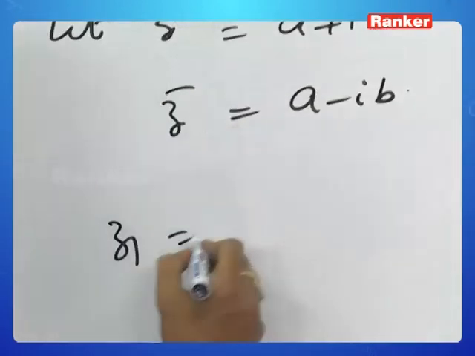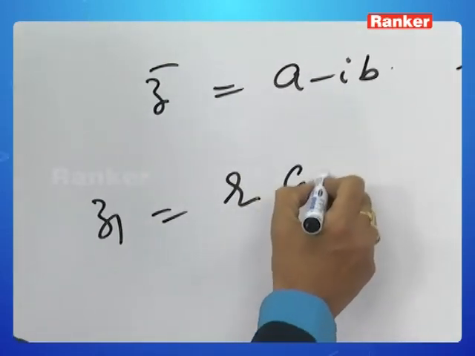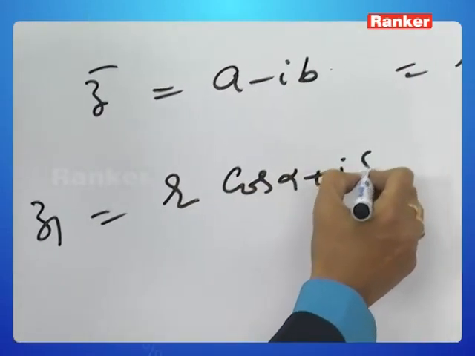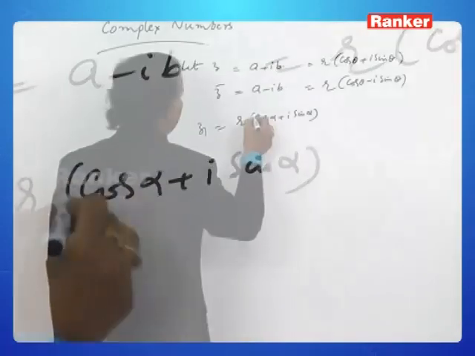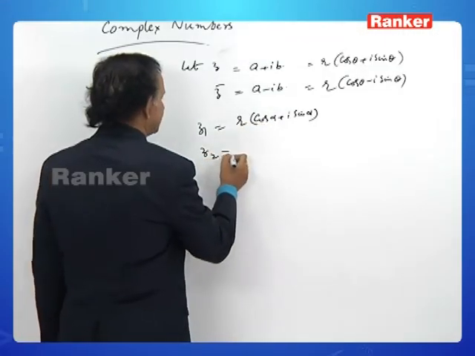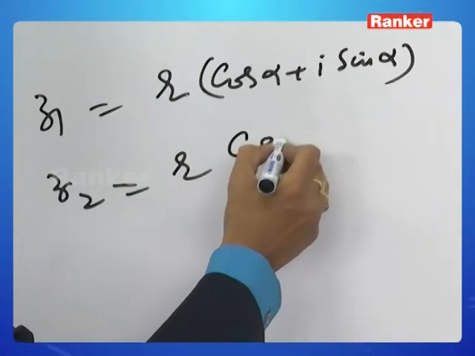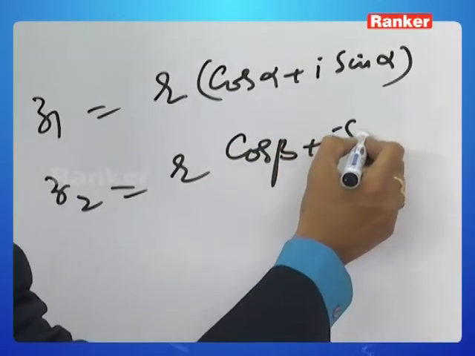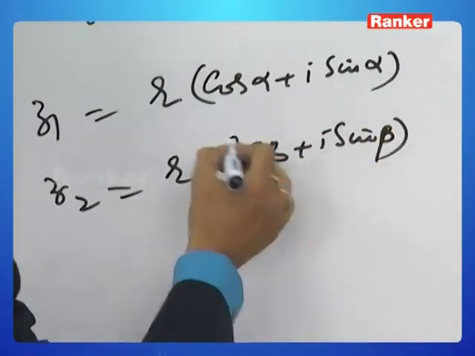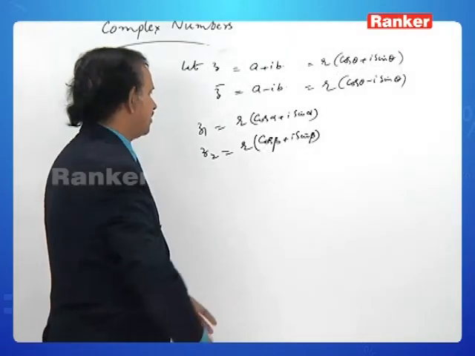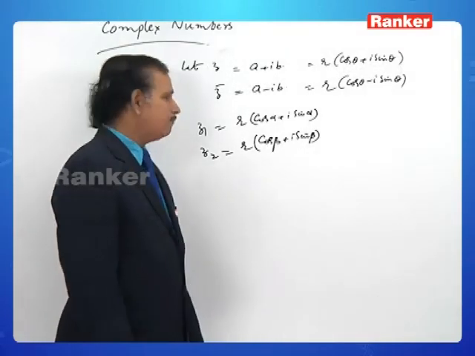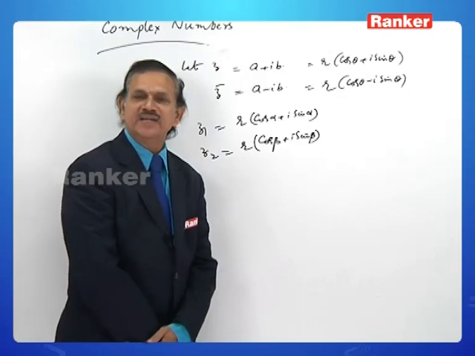One more thing. Suppose z1 is equal to r1 into (cos alpha plus i sin alpha), and z2 is equal to r2 into (cos beta plus i sin beta). We see that amplitude of z1 is alpha and amplitude of z2 is beta.